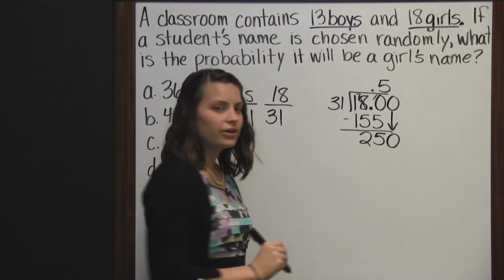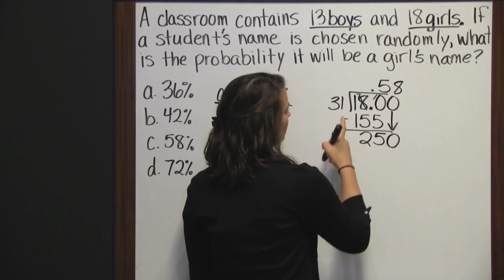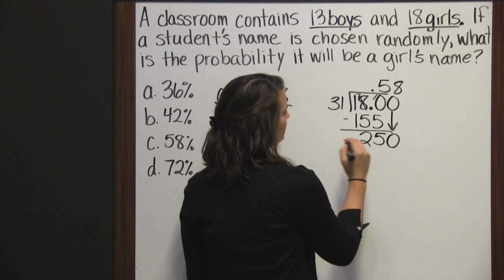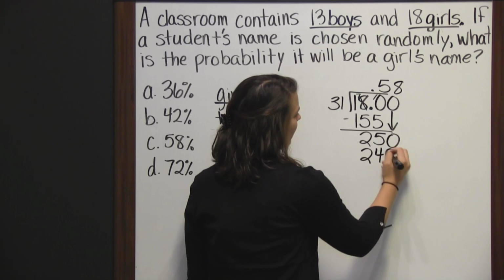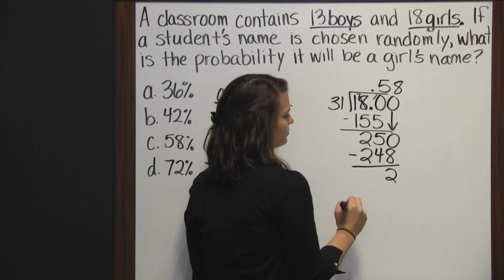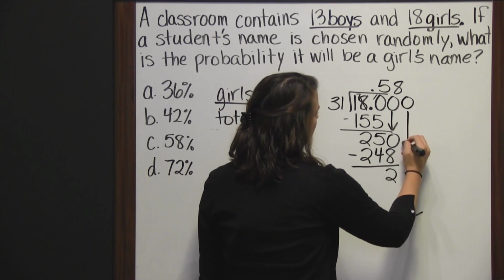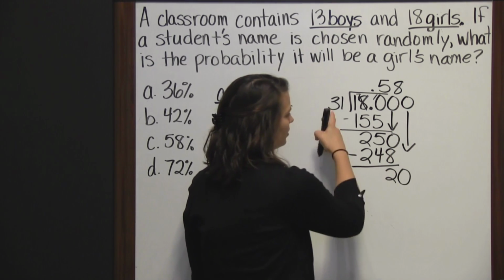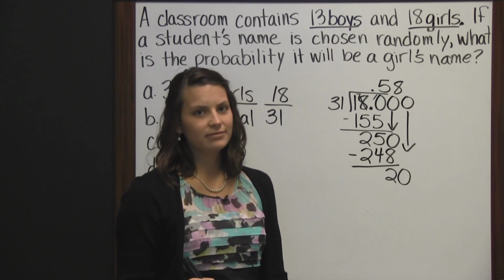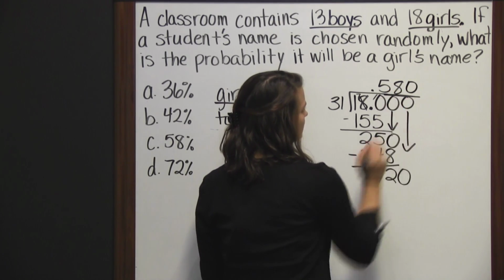And 31 goes into 250 8 times. 31 times 8 is 248. We subtract and we get 2. Then you can add a 0 and bring it down. But 31 doesn't go into 20. So we get 0. Goes into 20 0 times.